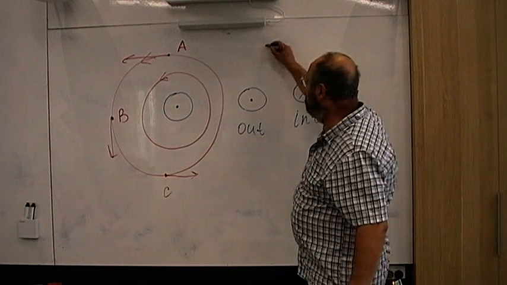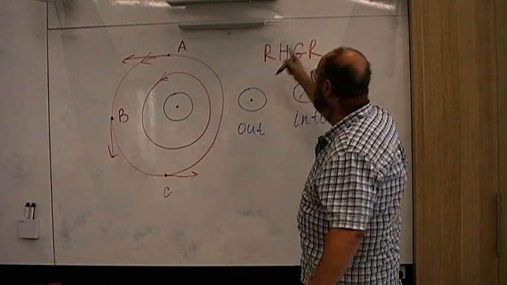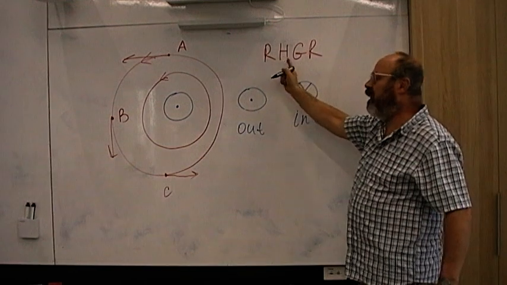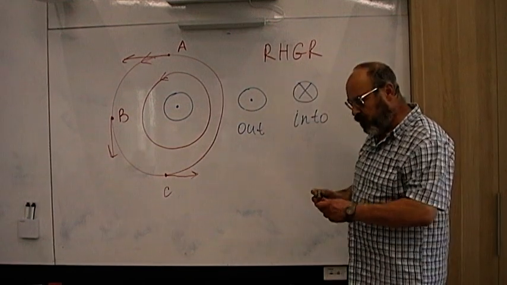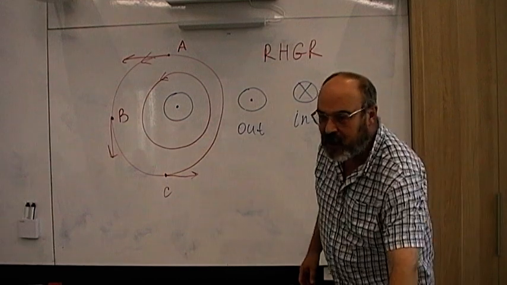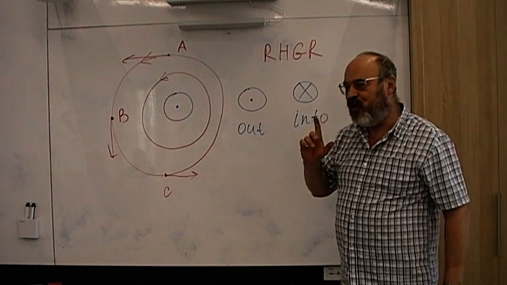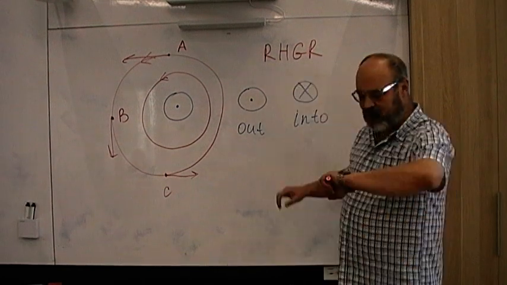You must write right hand grip rule. You don't have to write the whole thing. You can write RHGR, right hand grip rule, because later on we will learn another right hand rule, the right hand slap rule. So don't make them up, you need to use these.